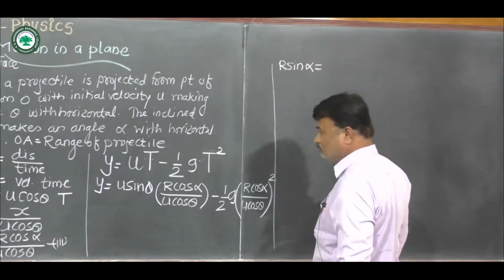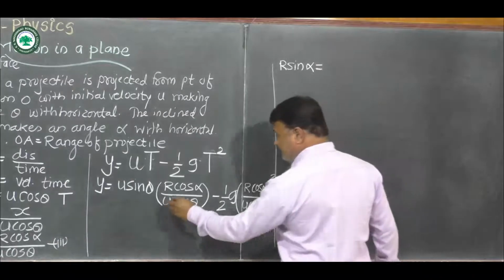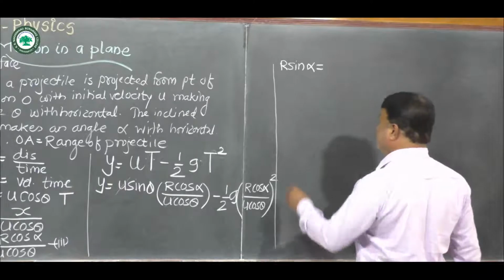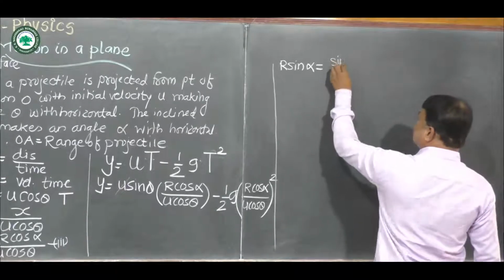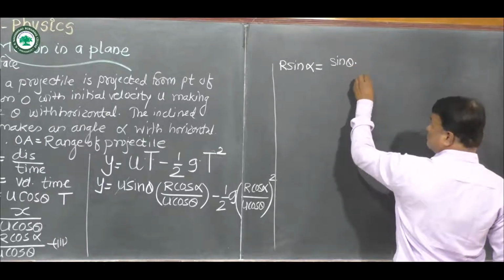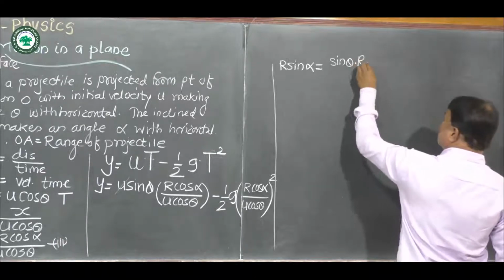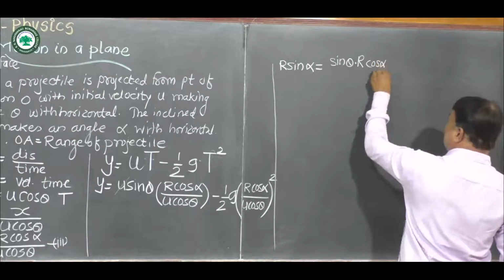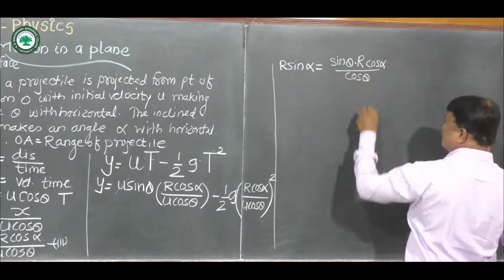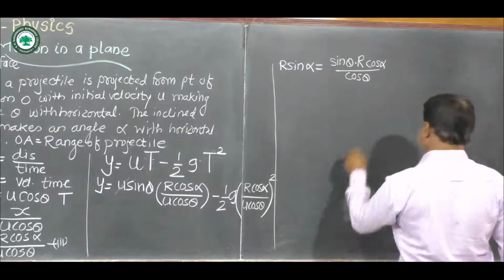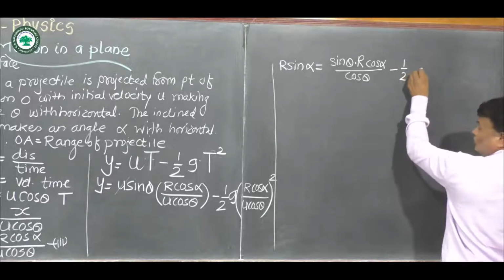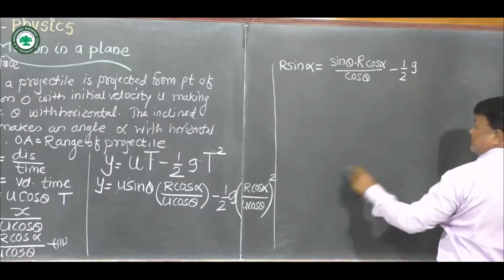Now there you get a cancellation, so we write sin theta into r cos alpha upon cos theta, minus half into g into the square of this bracket.